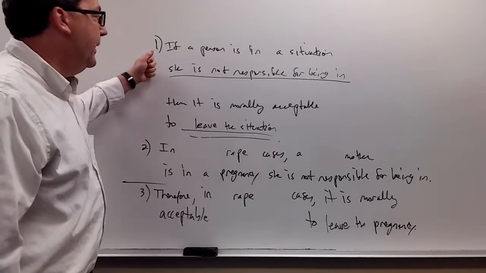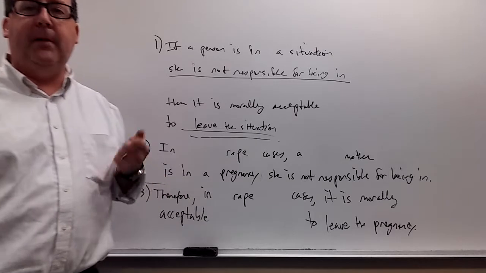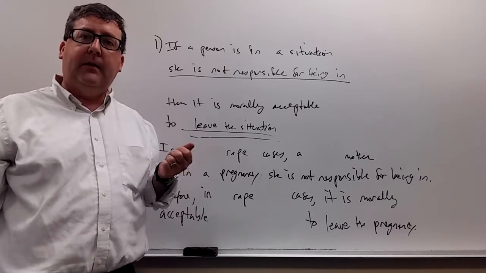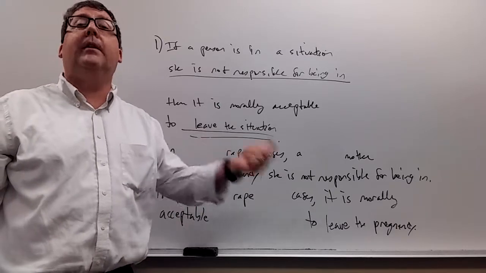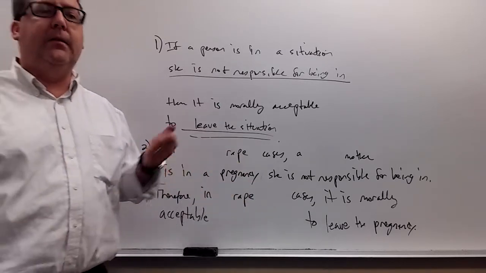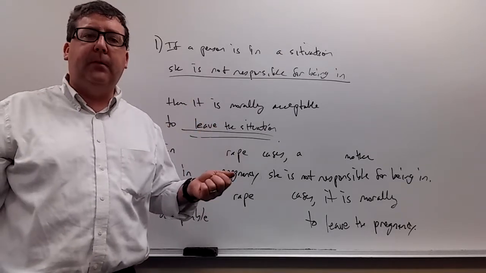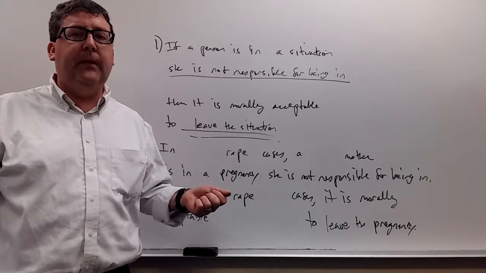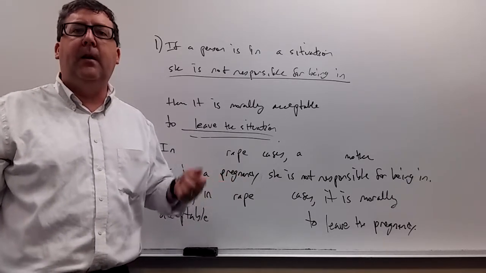Someone else might object to premise 1 by saying that there might be a situation where it's not acceptable to leave. What if there's a car accident and there's someone hurt on the side of the road? Then according to premise 1, it's acceptable to leave the car accident, but the objector would say that it's actually wrong because you should stay and help.